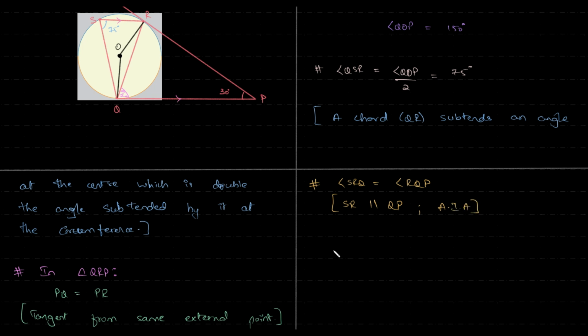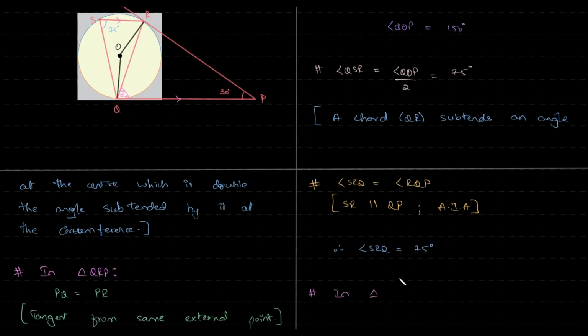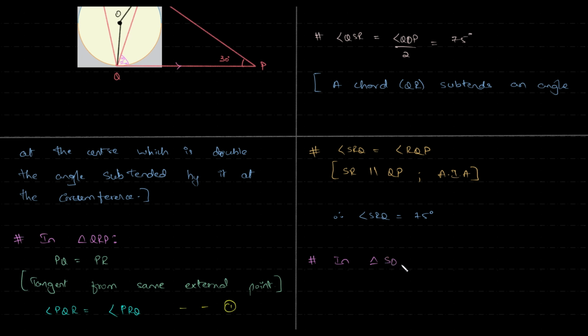Therefore angle SRQ is equal to 75 degrees. And at last, in triangle SQR, angle SQR is equal to 180 degrees minus angle SRQ minus angle QSR.